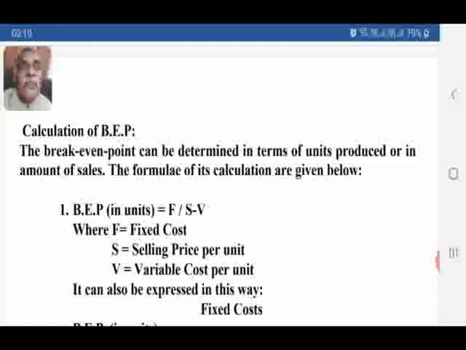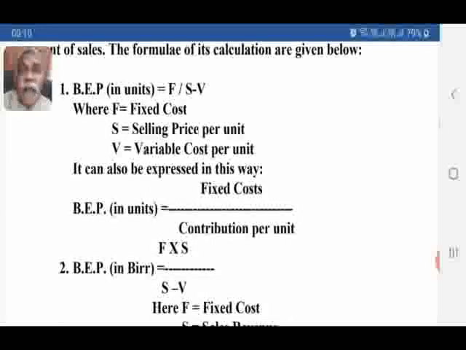That is, contribution is equal to sales minus variable cost. We know well. Where F is fixed cost, S is selling price per unit, V is variable cost per unit. So we can say break-even point in units is fixed cost divided by contribution per unit.